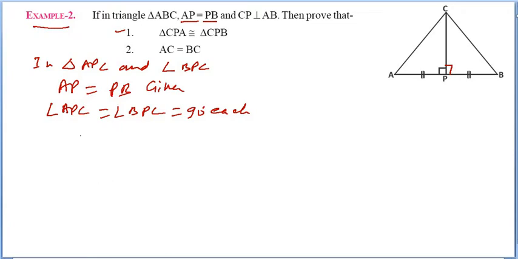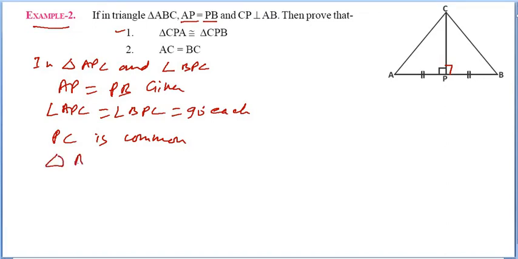Now the third one, PC is common in both triangles. So that means it is the side angle side. So this is the congruence.